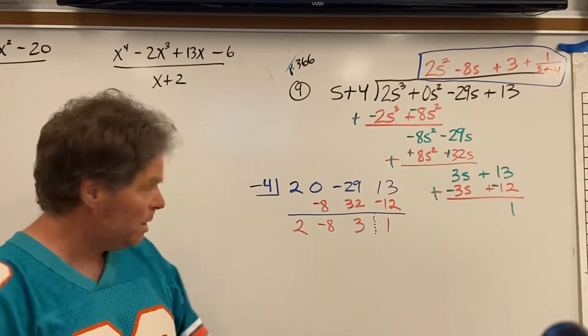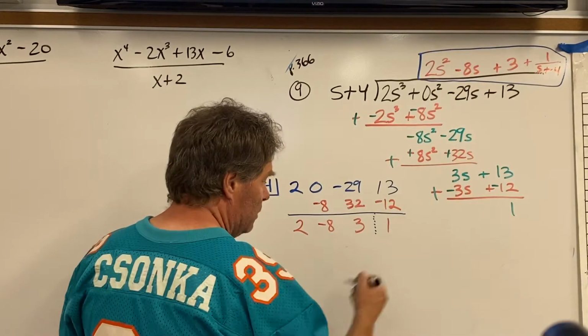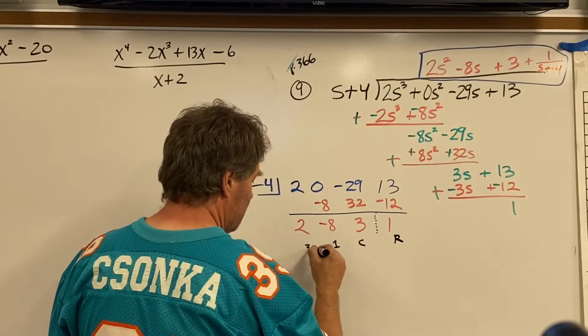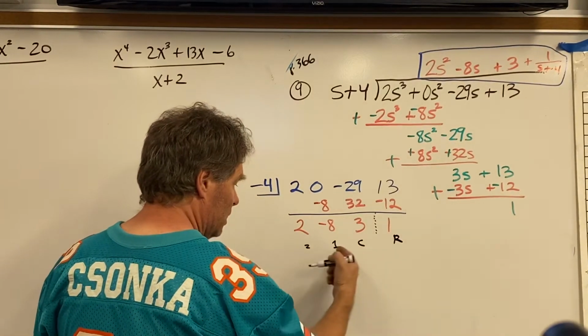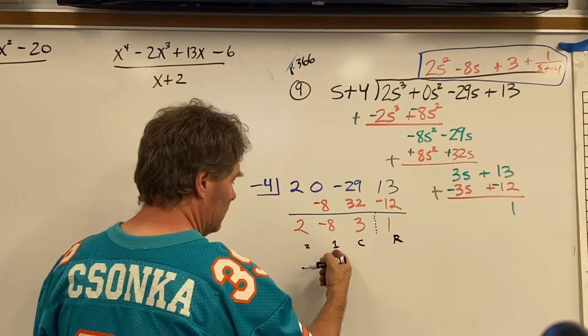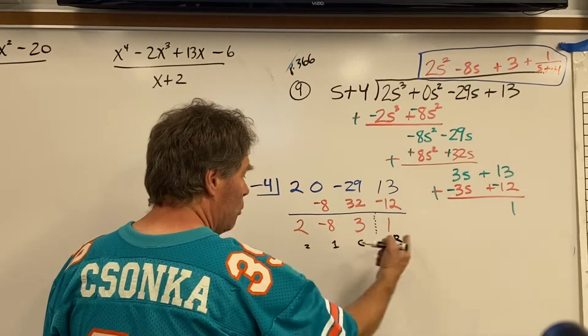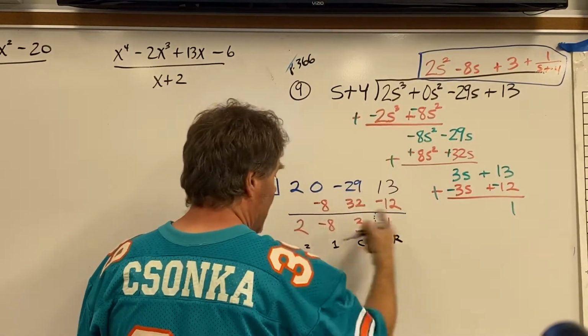Here's how it works. See this little dot thing here? This side is always the remainder, and then it goes constant, first power, second power. If there's a number here, it'd be third power. These are powers of the variable. Constant, x to the first, or s, this is s in this case, s to the first, s to the second. So, what would this guy divided by this guy, how would you read this?